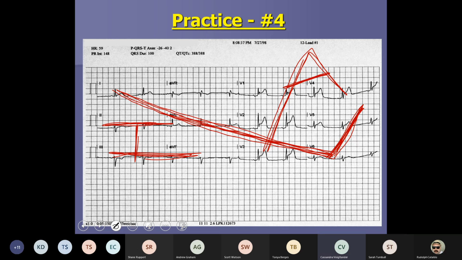Yes, much better. And again, that might help you a little bit because it correlates right back to the lead. So if you need to take a picture of that, by all means, go for it.